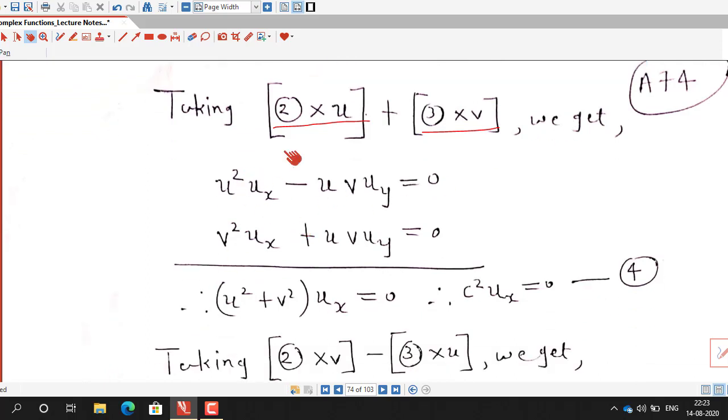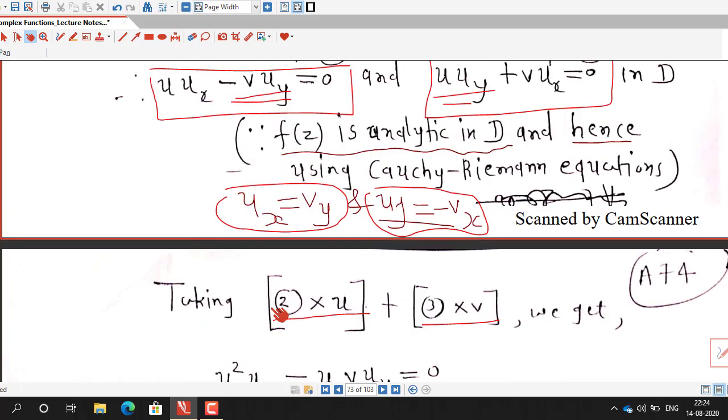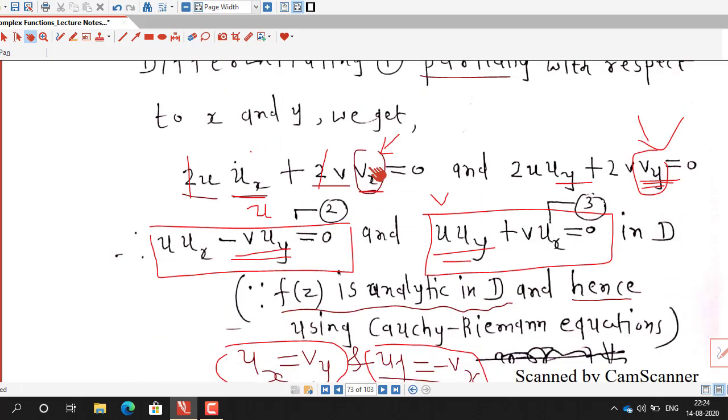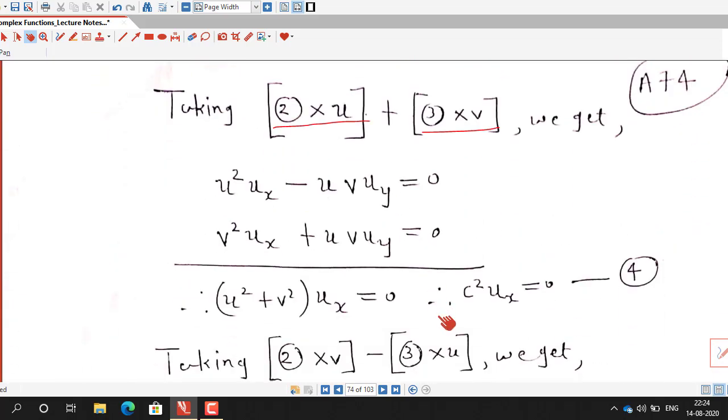And if we add these two, uv del u by del y will cancel out, and we will have u square ux plus v square ux. Taking ux common, we have u square plus v square, and by equation 1 we can replace u square plus v square by c square. So we obtain c square into del u by del x equal to 0.